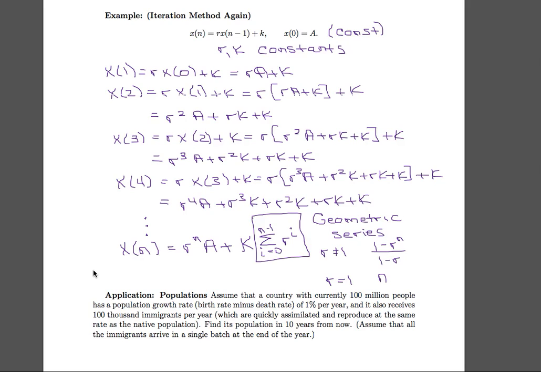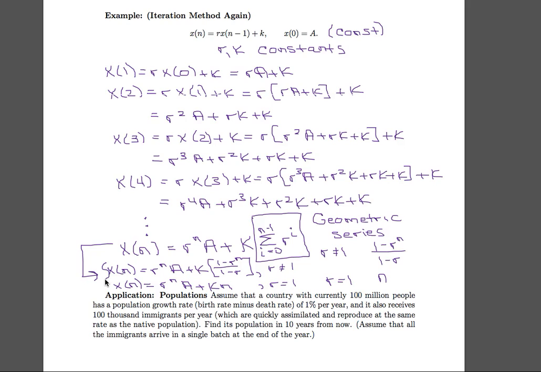But so we can summarize then this closed form solution as being x of n equals r to the n a plus k times 1 minus r to the n over 1 minus r, assuming that r is not 1, and it would be r to the n times a plus k times n if r is equal to 1.